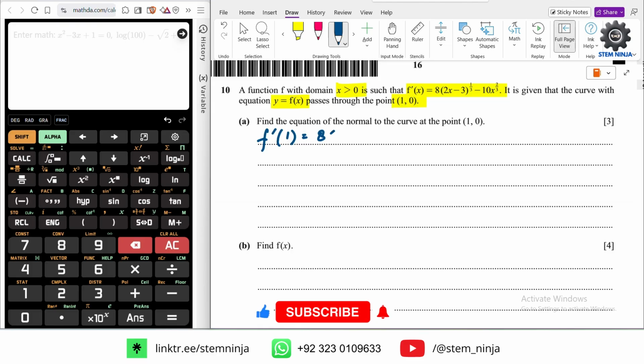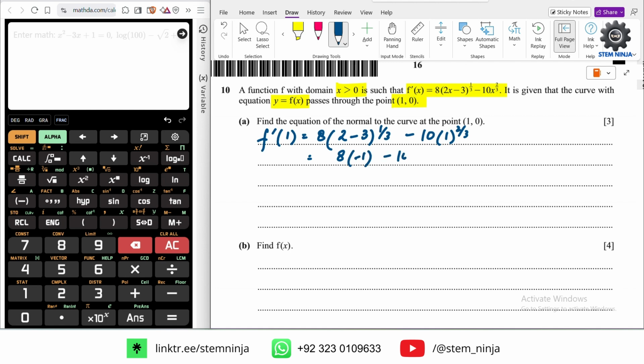So 8, 2 minus 3, 1/3, minus 10, 1, 2 over 3. Any power of 1 is just 1. The cube root of 1 is just 1, and any power of positive 1 is just 1.